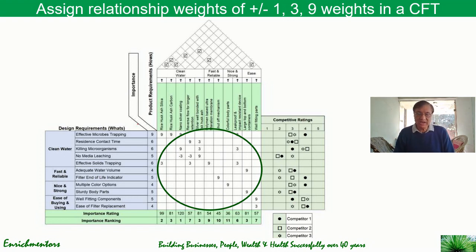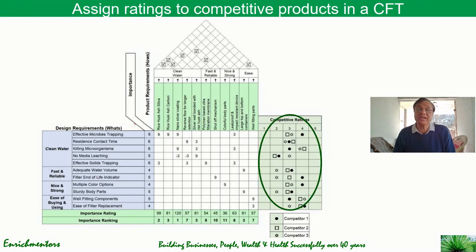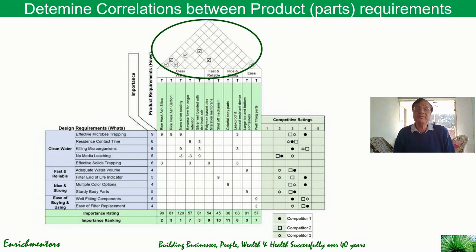Once we have done the relationship weights, we go and fill in the competitive product ratings. This is again based on the consumer ratings on the design requirements. So how are the competitive products performing on the design requirements on the extreme left-hand side? We put those for our key competitors against whom we want to compete. Having done that, we go to the roof, where we determine the correlation between the design requirements.